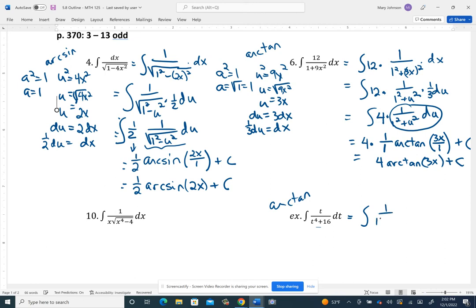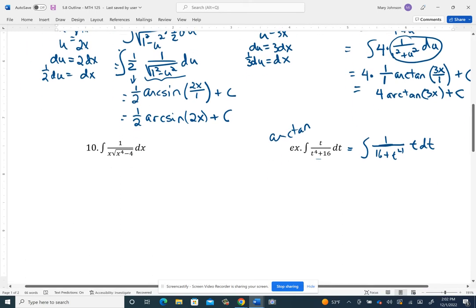So I can think of it as 16 plus t to the 4th with no issue. And then I'm just going to move that t that was on top over here with the dt, because I'm probably going to make a substitution that involves that in a minute.